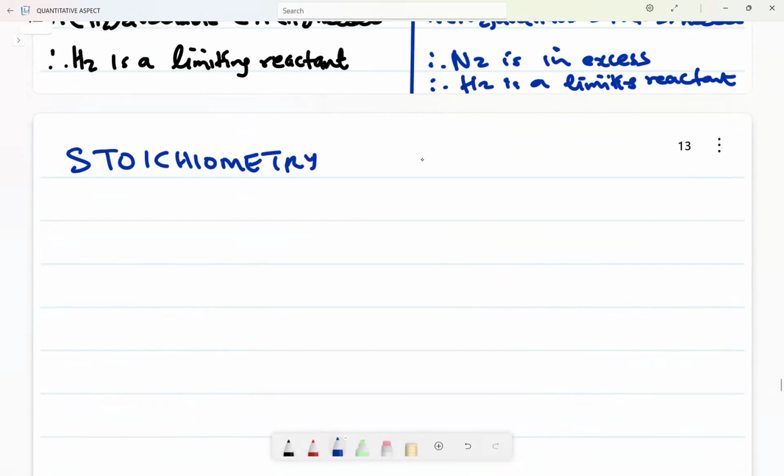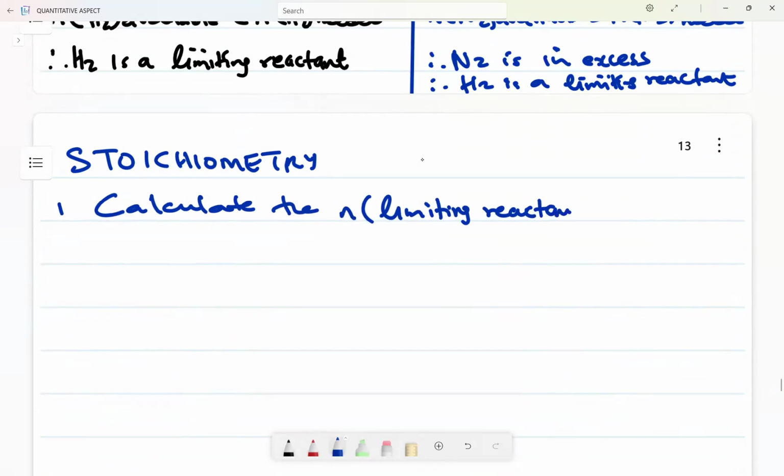Now, okay? But the first step, instead of calculating the number of moles of the unknown, is what? You first calculate the number of moles of the limiting reactant.